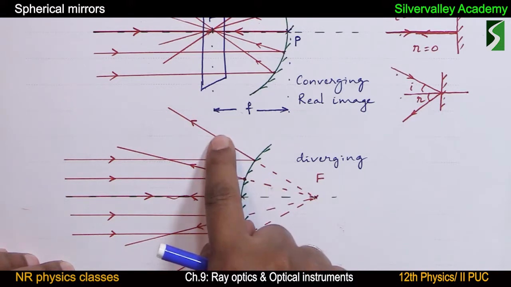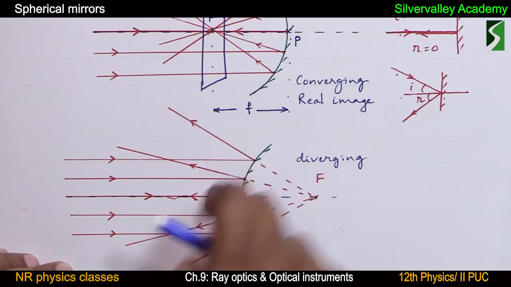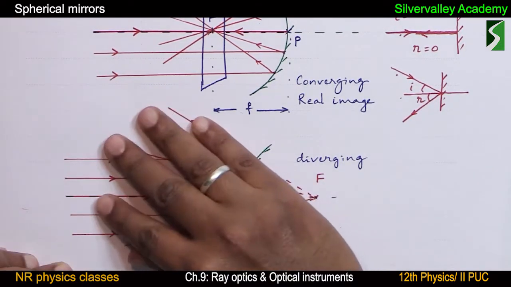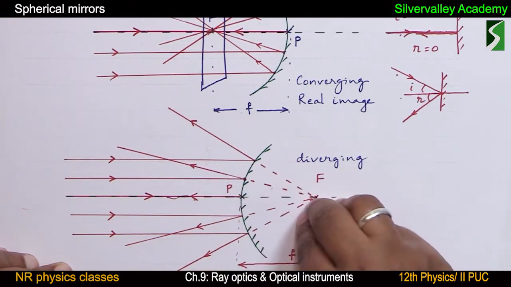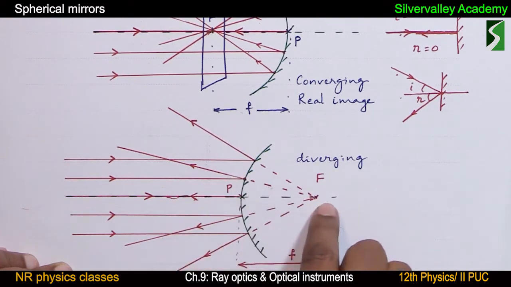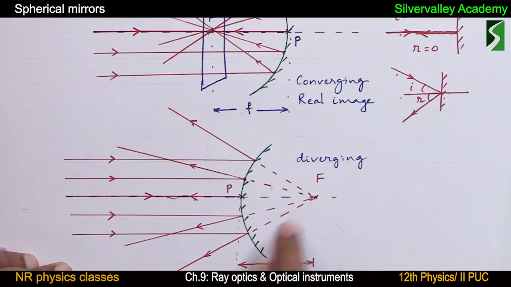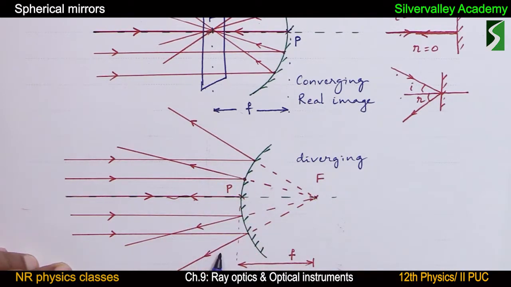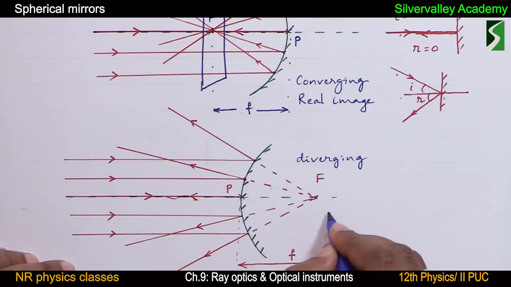Here, the reflected rays diverge. They diverge means they never intersect after reflection, and these rays appear to be coming from some point. Appears to be means this should be virtual. So if the reflected rays are divergent, then that forms a virtual image.